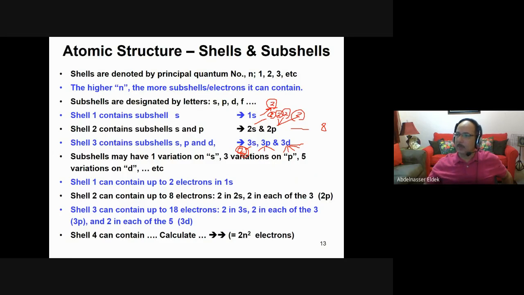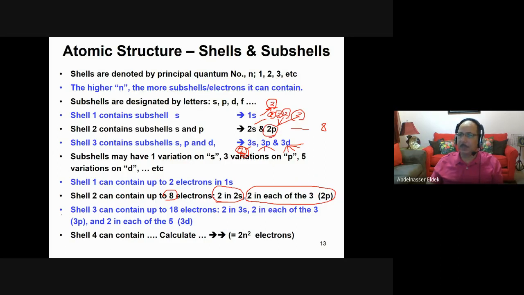Okay, so you can tell how many electrons are in each shell. Shell number 2 can contain up to 8, as I explained. Why? Because it has 2 in the subshell 2S, and 2 in each of the 3 2P variations, as I said here. So you see, you have 3, each one has 2, then the total is 8.